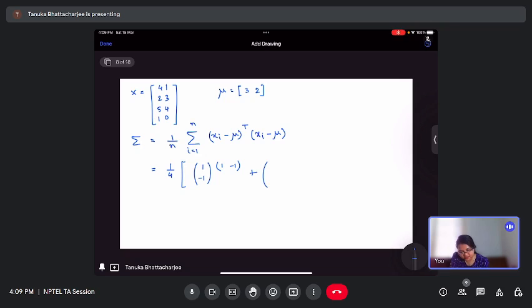For the next point 2, 3, I have to subtract 3, 2. I will get minus 1, 1. And for 5, 4 minus 3, 2, we will get 2, 2. And lastly we have 1, 0 minus 3, 2, so minus 2, minus 2.